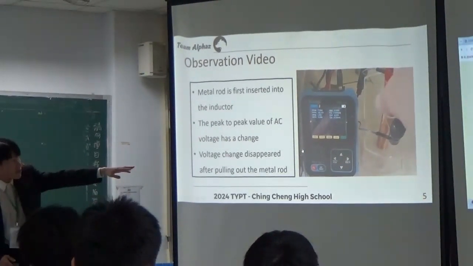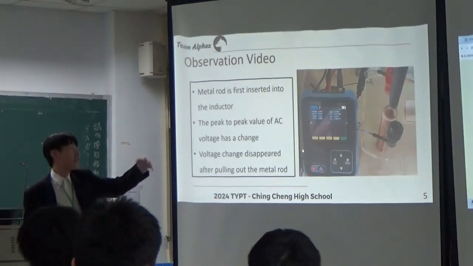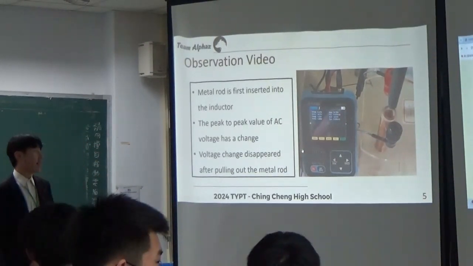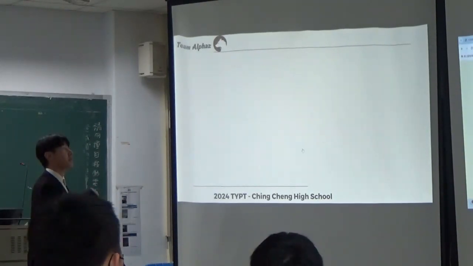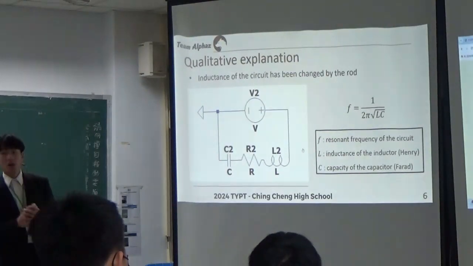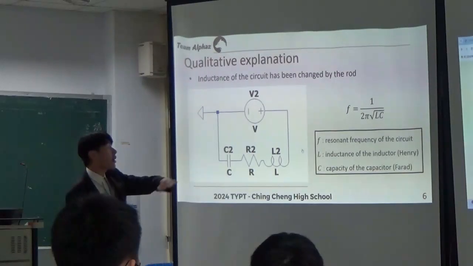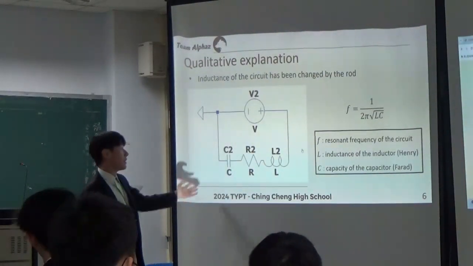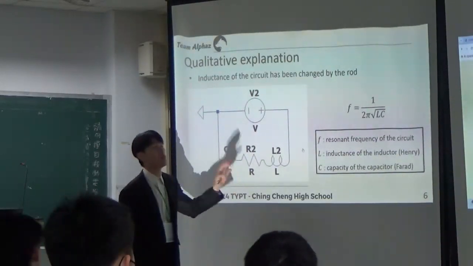the rod is pulled out and the rod is put in. The peak to peak value of the AC voltage changes. This is a point that we are going to discuss and investigate during our presentation, where we can give a qualitative explanation: in an RLC circuit, there are 3 components, and two of them, the capacitor and the resistance, won't change.